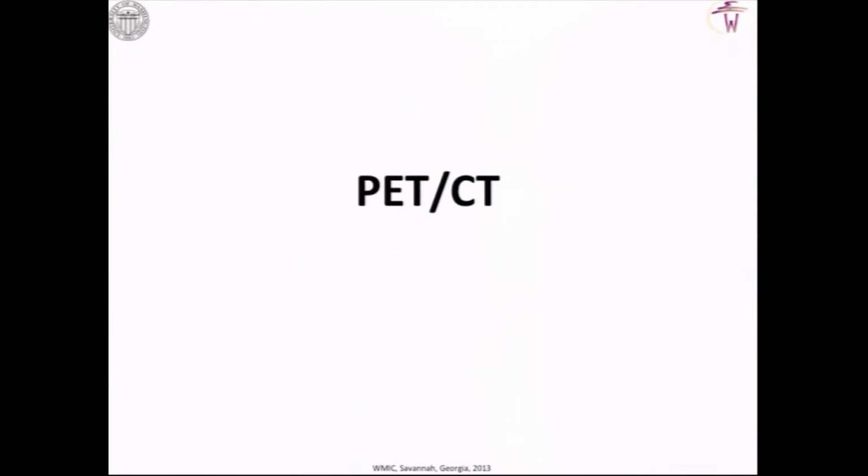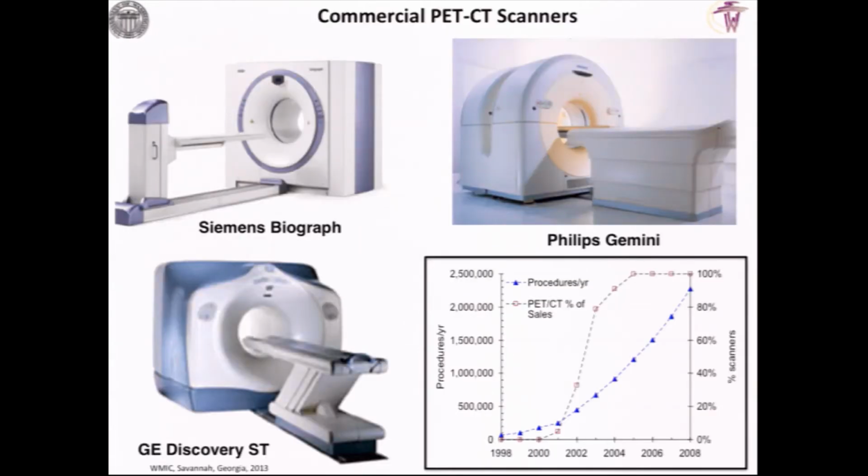So we'll first go over PET-CT. This is probably the hybrid imaging approach that's definitely been the most successful. It's the one people are probably most familiar with. Commercially, it's been a huge success. If you look at the little chart on the bottom right, when PET-CT was first introduced in the early 2000s, most of the PET sales were of dedicated PET systems.